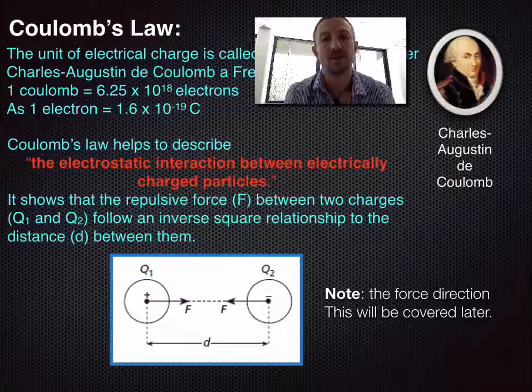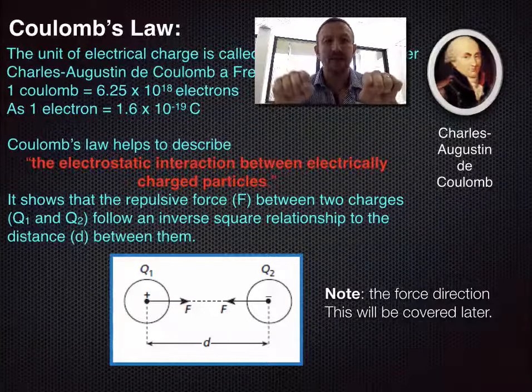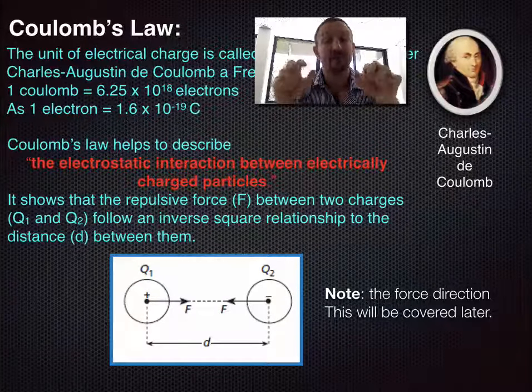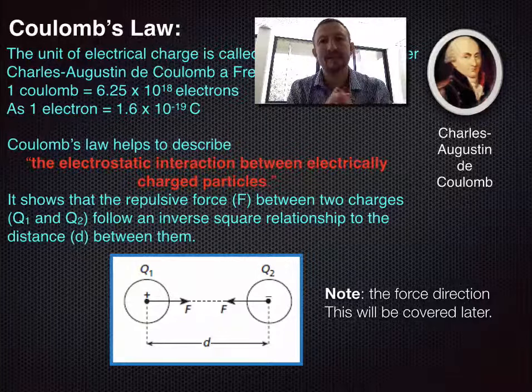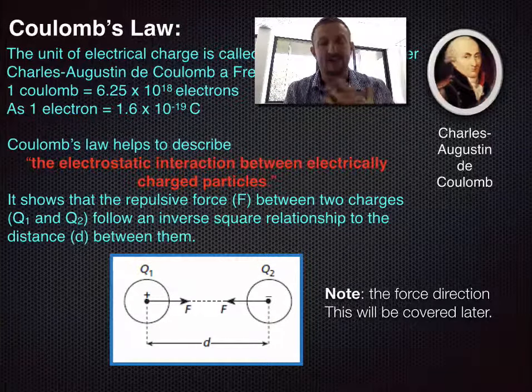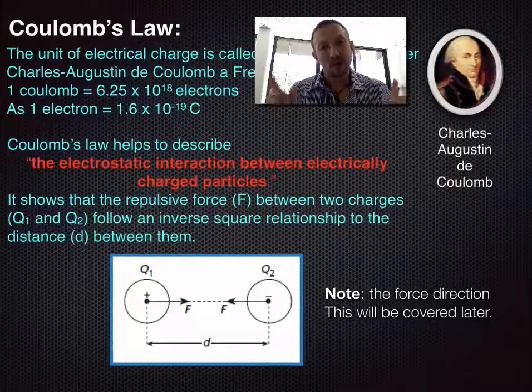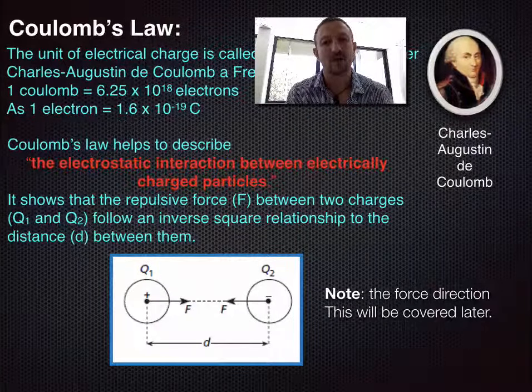Likewise, if I took a north and a south pole and placed them together, as I get closer together, the force of attraction, because they're opposites, actually increases. So the distance links very nicely with the force. The closer the distance gets, the greater the force is going to be.